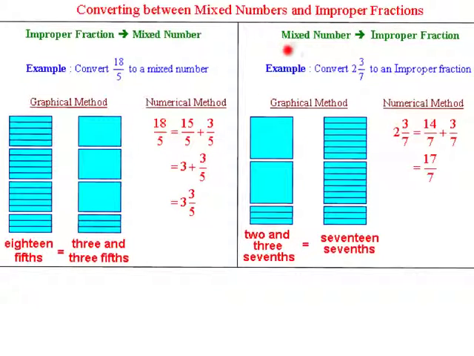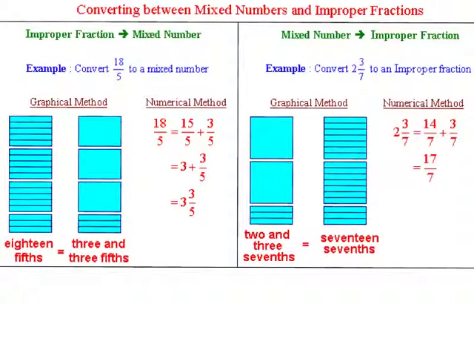Now go over here and look at going backwards from a mixed number to an improper fraction. It says convert 2 3/7 to an improper fraction. I'm going to write this down here for you on the bottom, because now that I look at it, I'm not crazy about their numerical method.